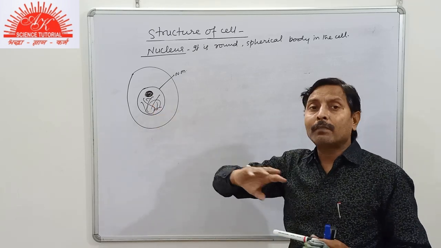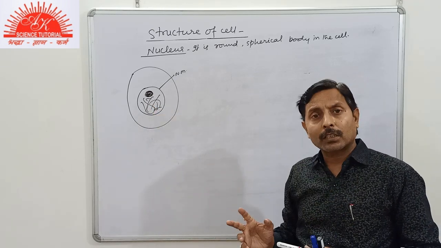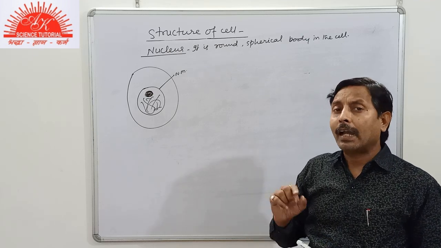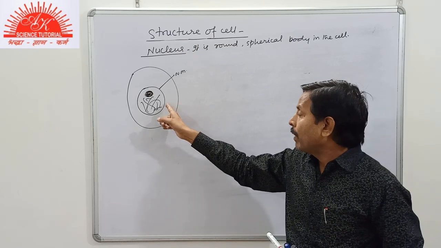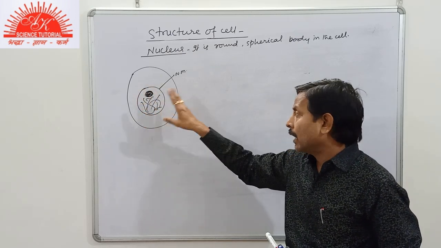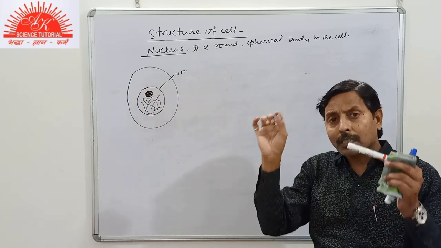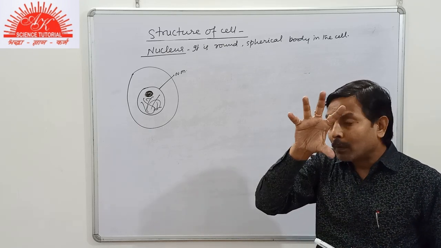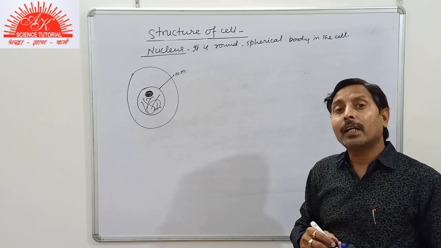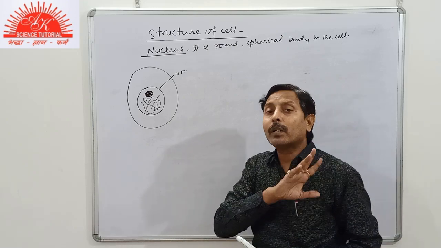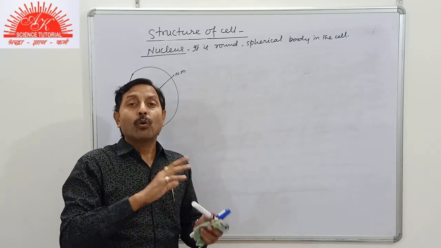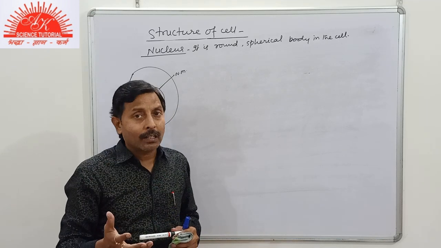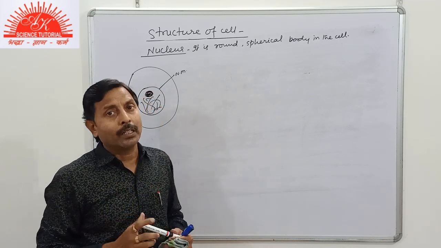The chromatin fiber is just a scattered thread-like structure, single-stranded, and in eukaryotic cell, there is a double-walled membranous structure binding them, and this is called nuclear membrane. So in eukaryotic cell there is a definite nucleus, but in prokaryotic cell like bacteria there is no definite nucleus.